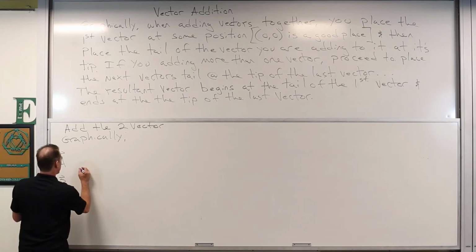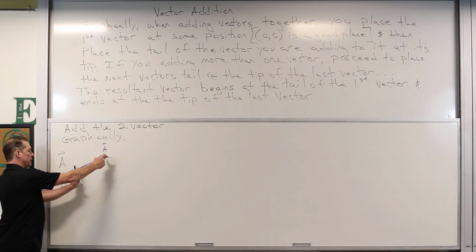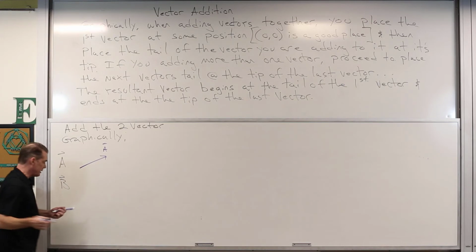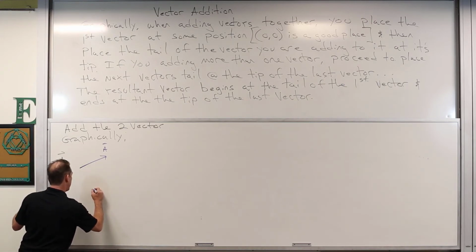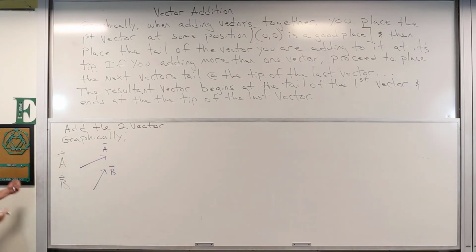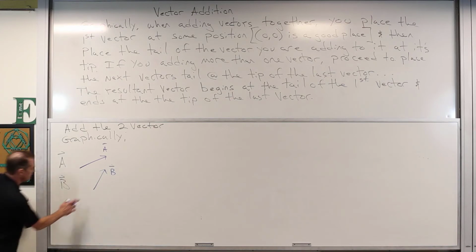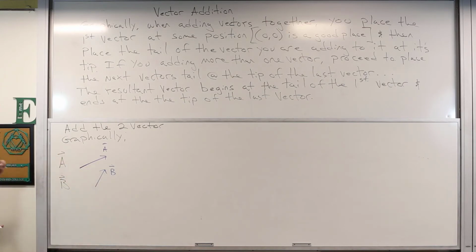A hat, we're just going to say, looks like this. It has a specific direction that it points, and it has a specific magnitude scaled to be its length. And then we've also got ourselves a B hat. I'm going to say B hat looks like this. Points in a different direction and, well, has a different magnitude. Let me make it a little shorter. There we go. Two different vectors.